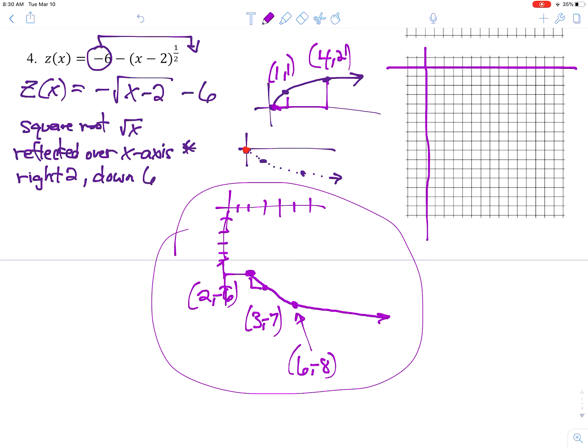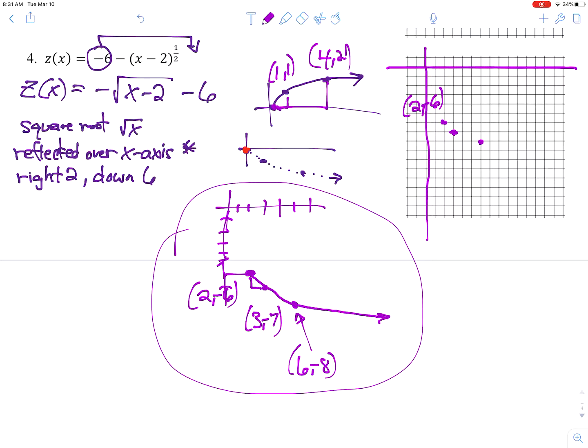And I'm going to put 2, negative 6. And then do the work that I've done and place those points in there. 1 over, 1 down, 4 over and 2 down. That should be 3, negative 7 and 6, negative 8.